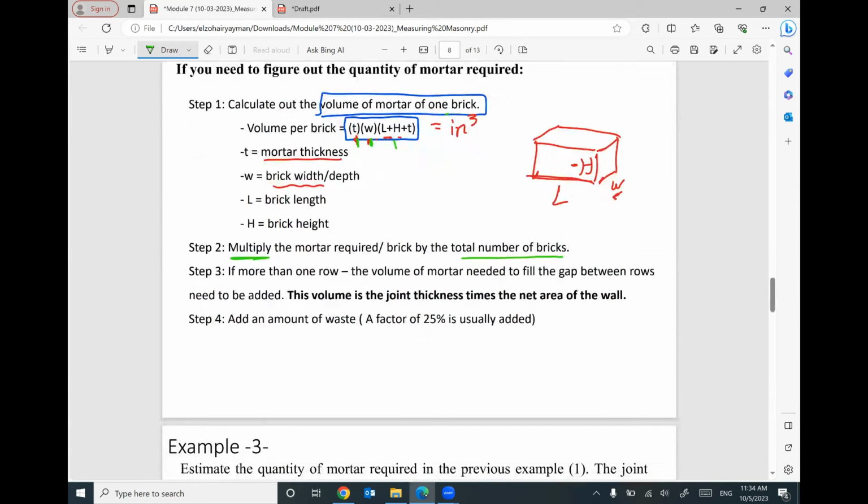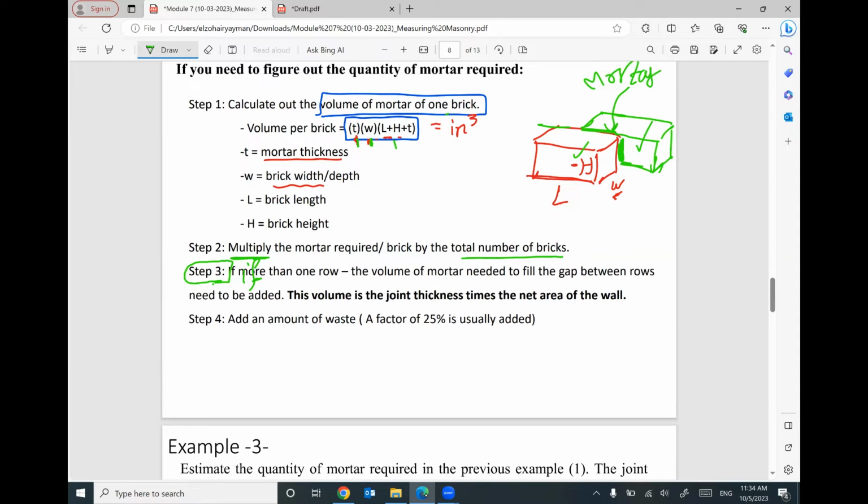Sometimes this one, step number 3, if you are constructing 2 rows of bricks, between this row and this row of bricks, we will fill the gap in between with mortar.